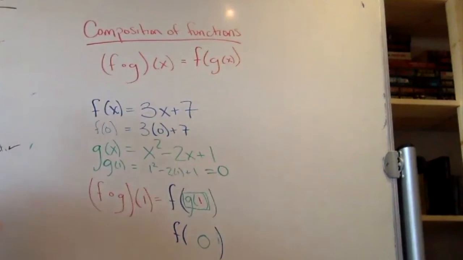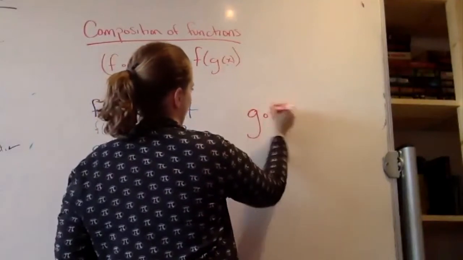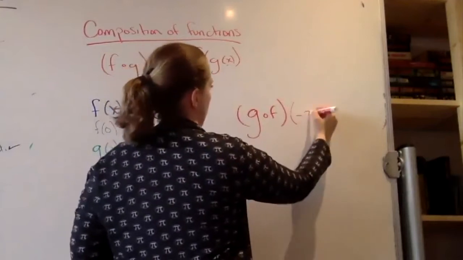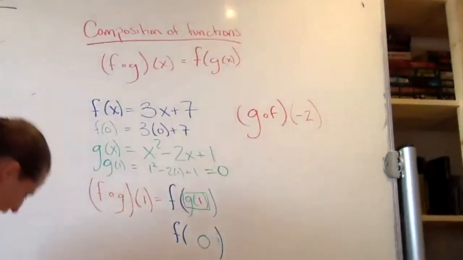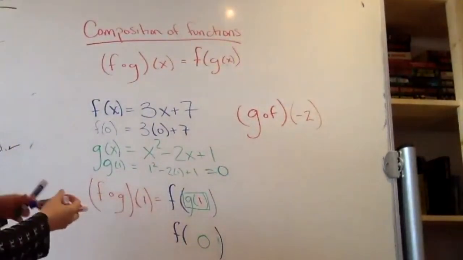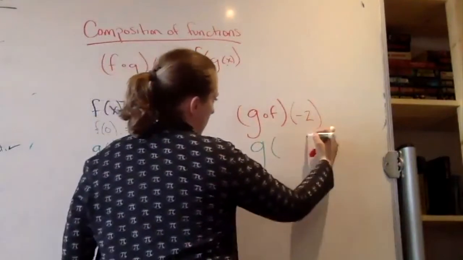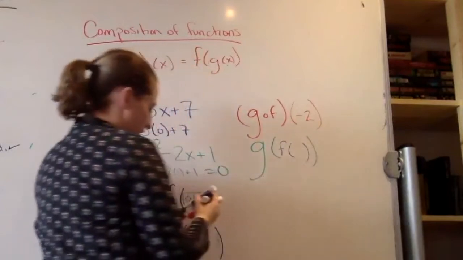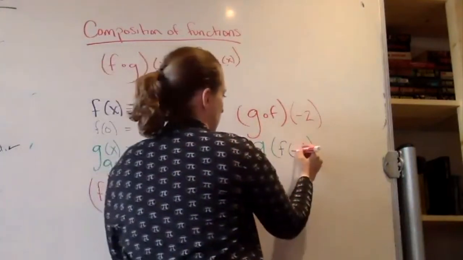Let's look at g composed with f of, let's do -2. Notice that I've switched the order, and order matters for composition. So now g is my outside function. So I have g with f plugged in, but instead of just plugging in x, I'm plugging in -2.